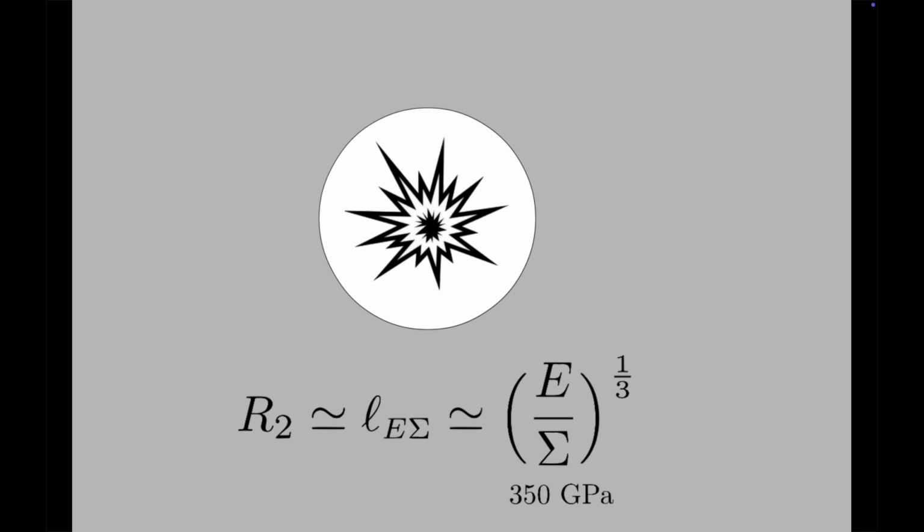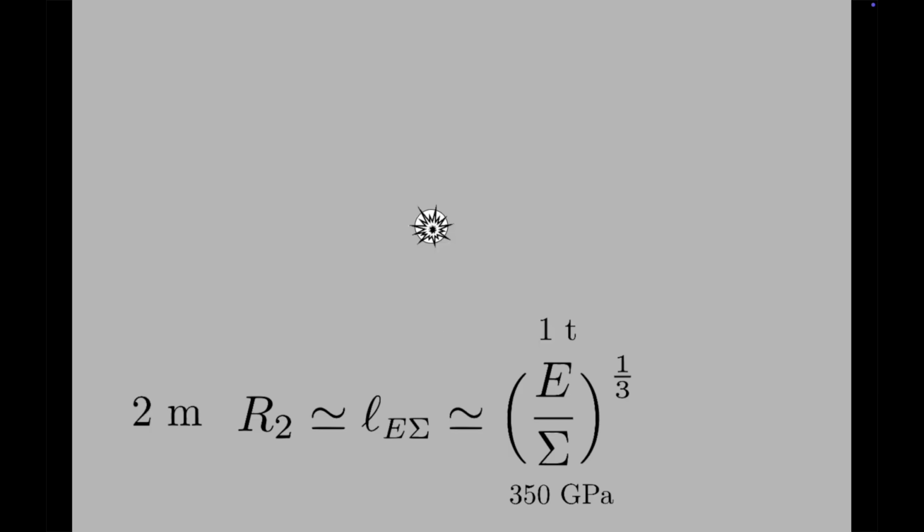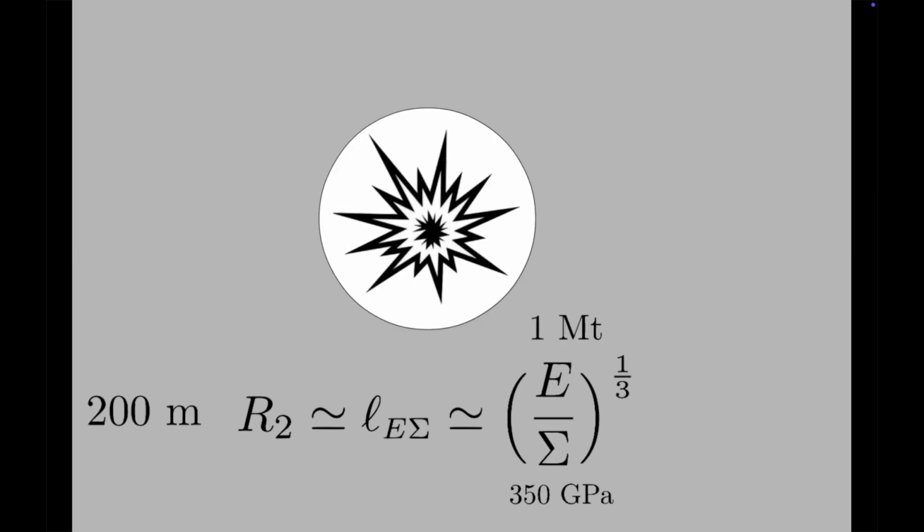Here, the elastic modulus is that of the planet, and if we neglect numerical corrections, the formula would predict cavities of 2 meters for 1 ton of TNT, 20 meters for 1 kiloton, and 200 meters for 1 megaton. Because of the cubic root, multiplying the energy by 1,000 only multiplies the radius by 10. So the size of the cavity increases rather slowly.